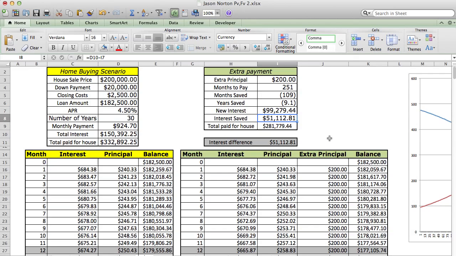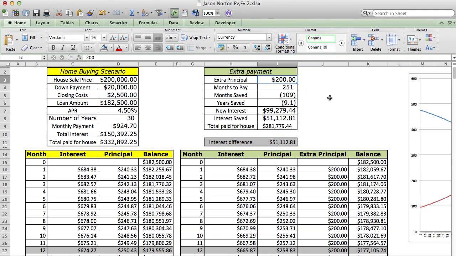Obviously, it's better for them because they're getting their money back quicker, and there's less chance of a foreclosure, but also it's better for you because you're paying less interest. So $200 a month, that's not a whole lot to be putting away, especially to save you $51,000 over the term of the loan. That's a lot of money. I don't care who you are, that's a lot of money to be saving.